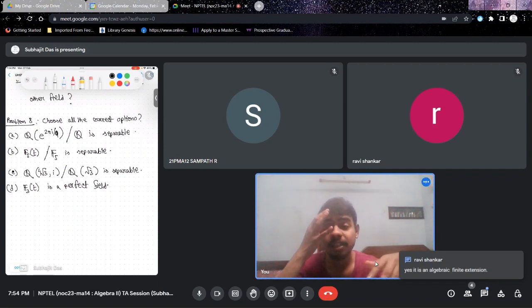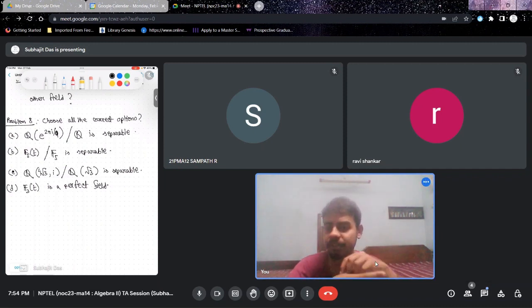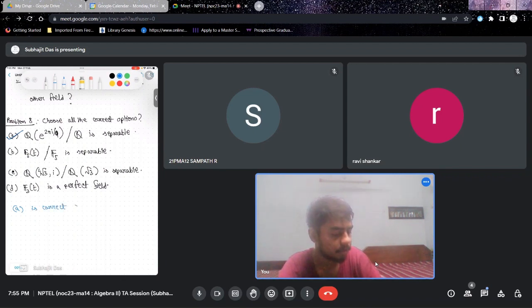Q is a perfect field, so any algebraic extension will be separable. So indeed this extension will be separable. Yeah, so A is correct.